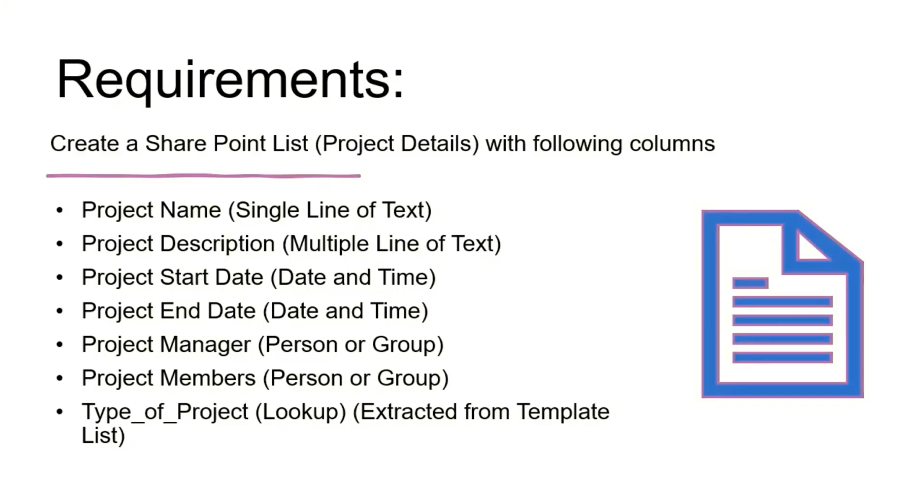Now let us start developing this. Before jumping into the Power App screen, let us see what lists we have to create in our SharePoint site. The first list is project details, in which we will save all the project information like project name, project description, project start date, project end date, project manager, and project members. Here the type of project column will be a lookup column from the template list.